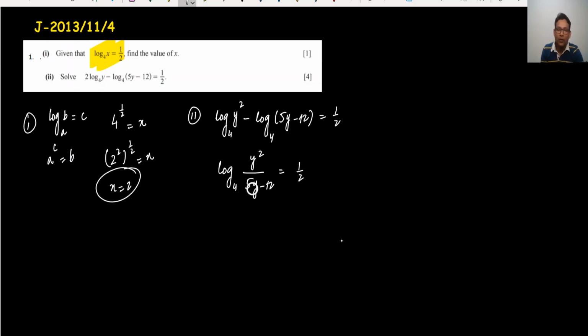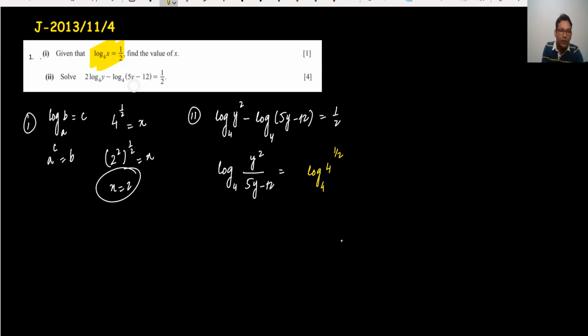We can cancel the log. I mean, we can write a comparison, but there is no log on the right. So if you want to write log here, you can write log. The log 4 is used, so we can write log 4 of 4, and this 1 upon 2 will become the power of this. So this is possible, or you can use the index form again.